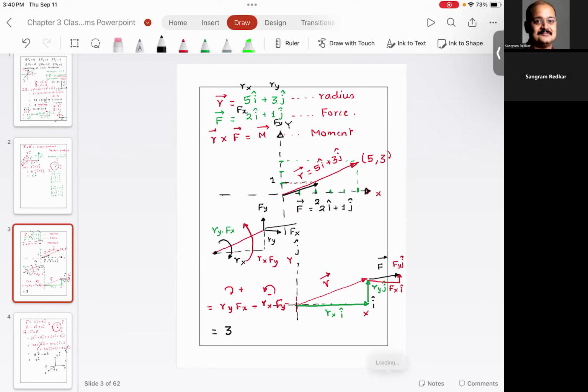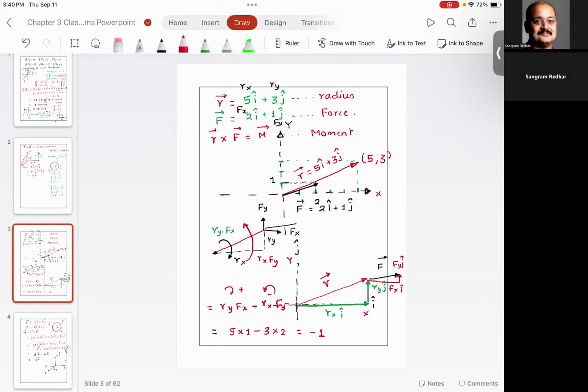Ry is 3. So Rx times Fy is 5 times 1, minus Ry times Fx, 3 times 2. The answer you are going to get is -1.